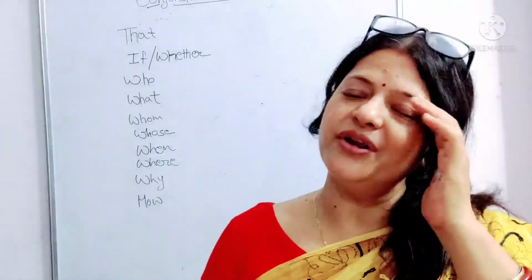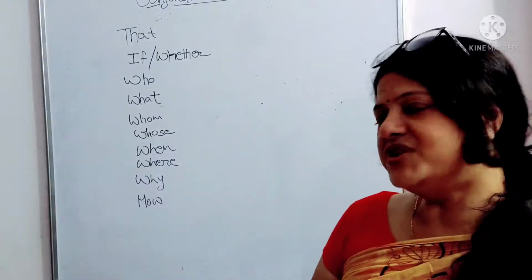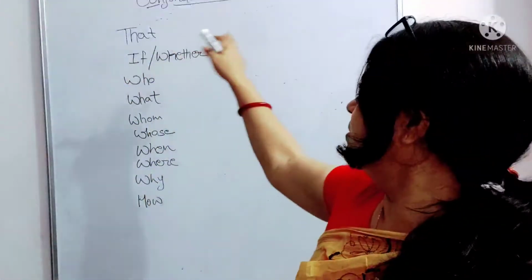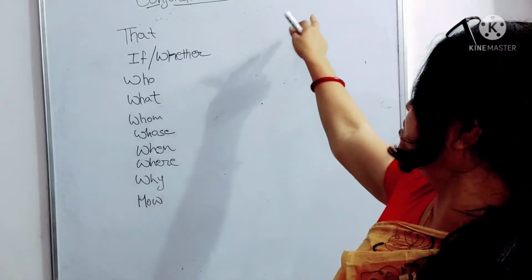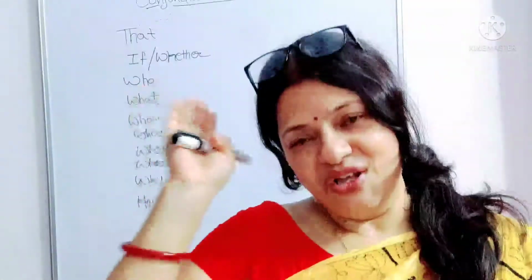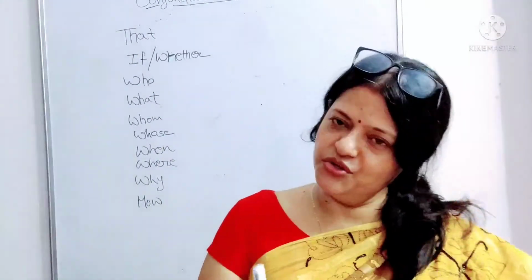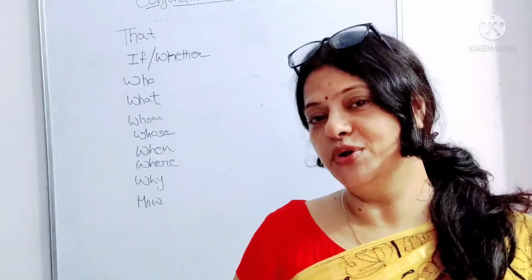So these were the works of a noun clause, and now today we'll see how we can use the conjunctions used in noun clauses. So we'll see how we can do synthesis by using noun clauses.